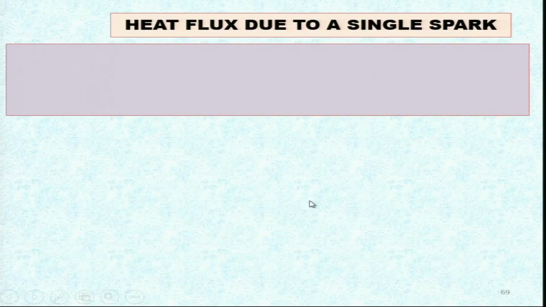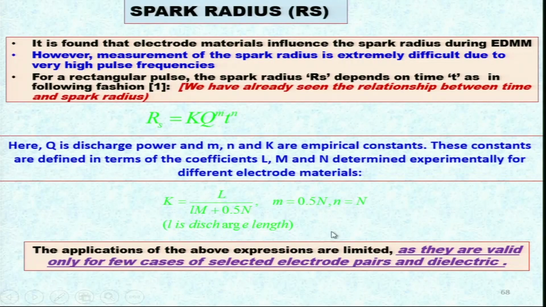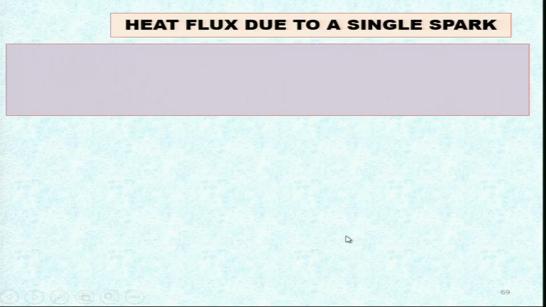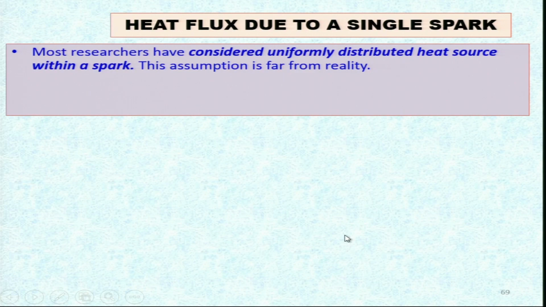Before I proceed, because certain constants are given here and these constants are applicable only for selected electrode pairs and dielectrics. Heat flux due to a single spark. Most researchers have considered a uniformly distributed heat source within a spark.